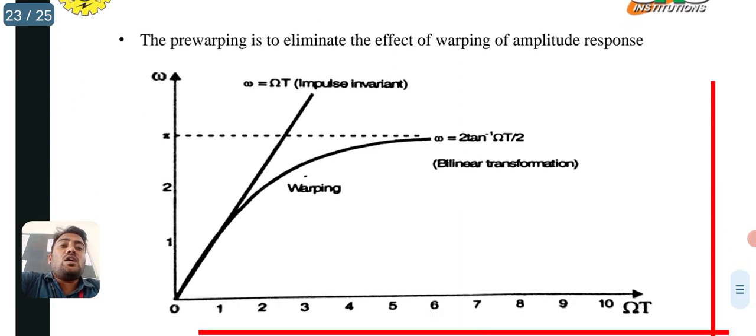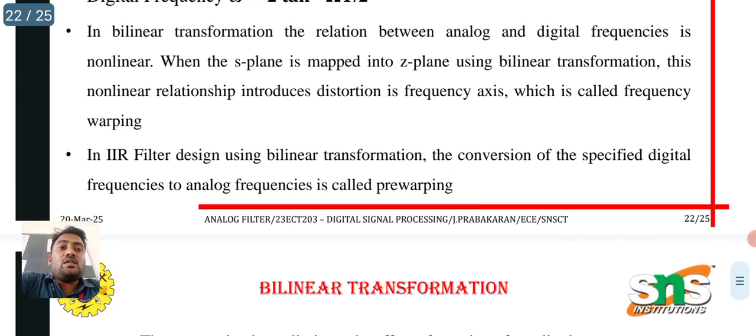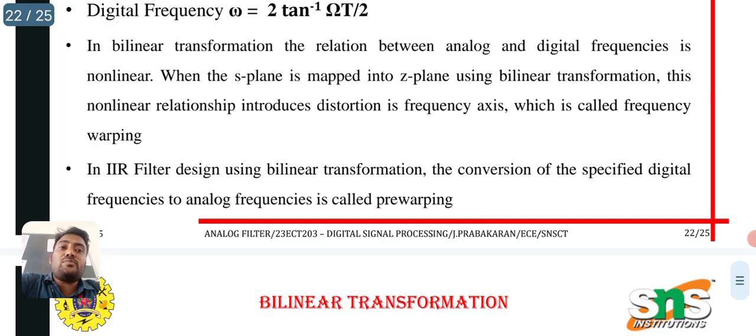Warping effect and pre-warping effect. For high frequency, in the bilinear transformation technique, the relation between analog and digital frequency is non-linear. When the S plane is mapped into the Z plane using bilinear transformation, this non-linear relationship introduces distortion in the frequency axis, which is called warping.